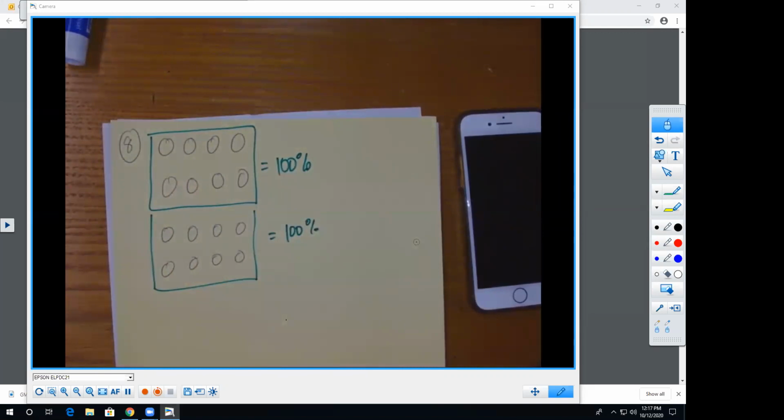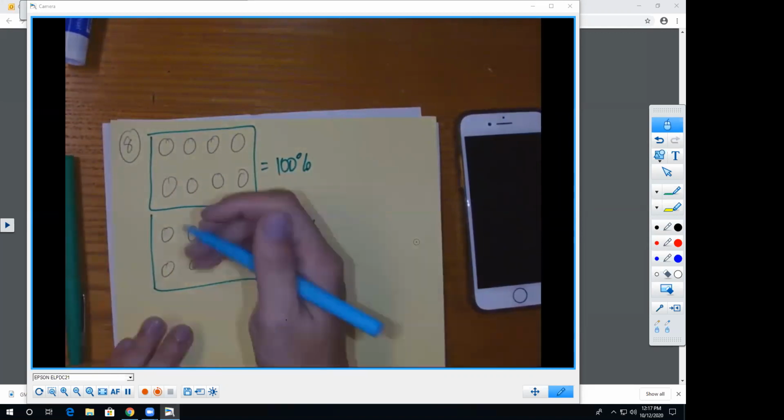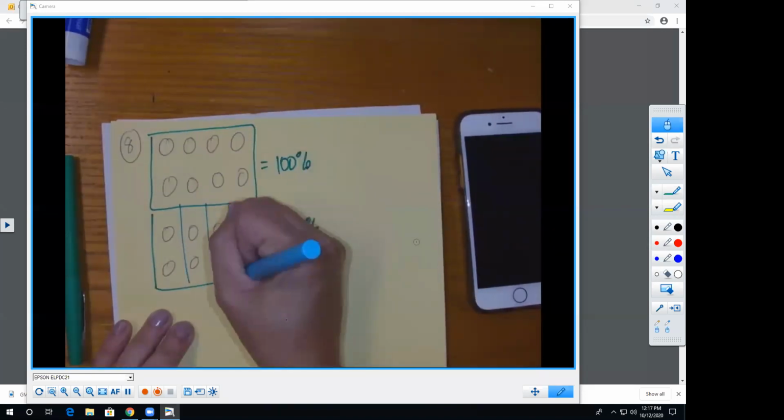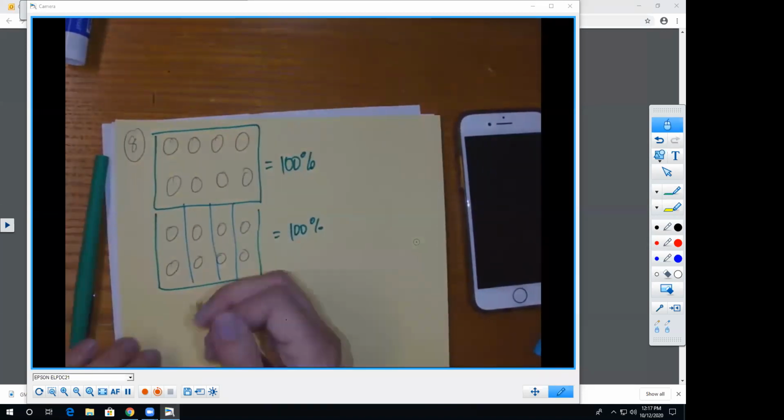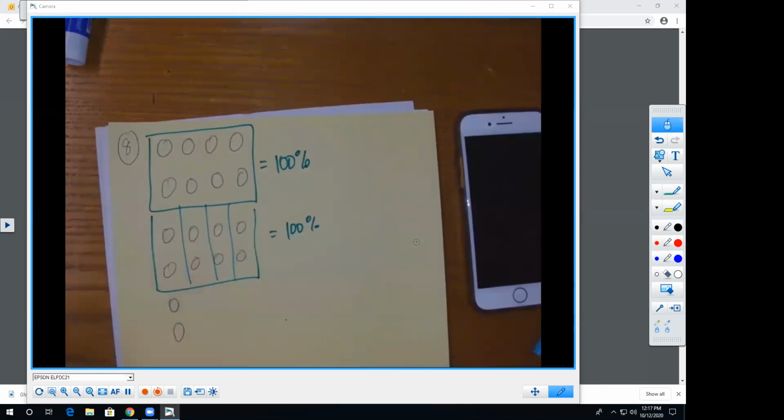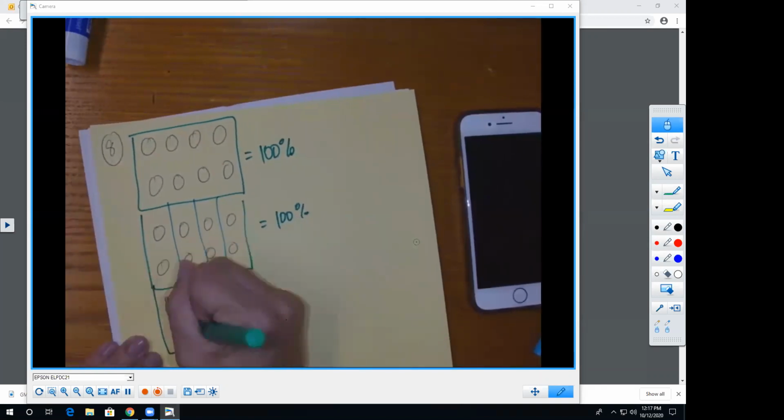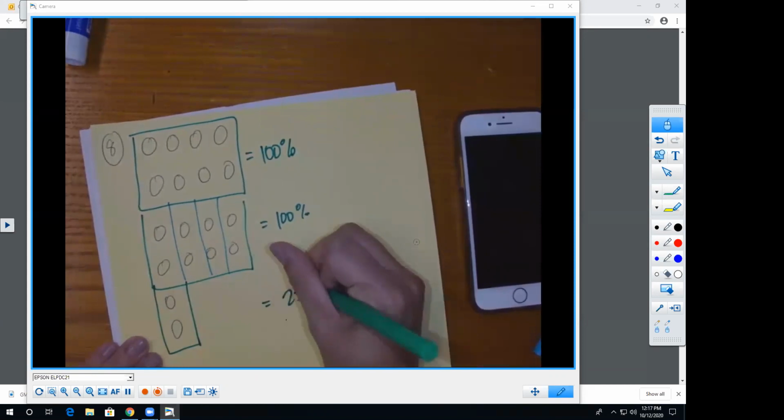And then to find 25%, 25% is the same thing as 1/4. So 1/4 of this set, you could think about splitting it into 4 parts. So I would draw 1/4 more. That's my 1/4 more. That's 25%.